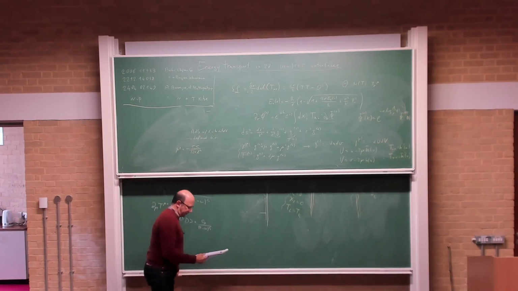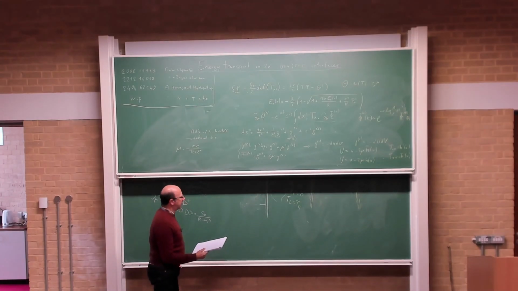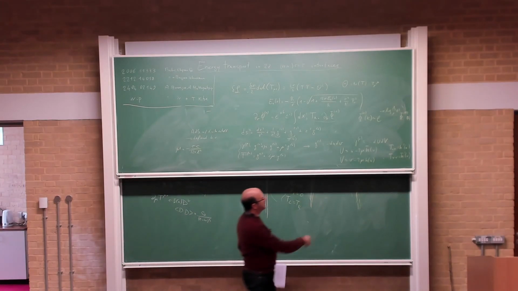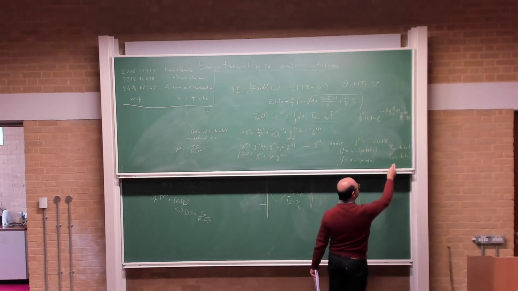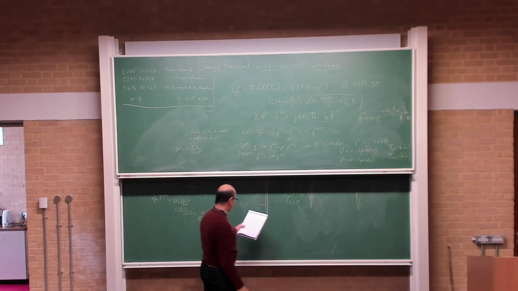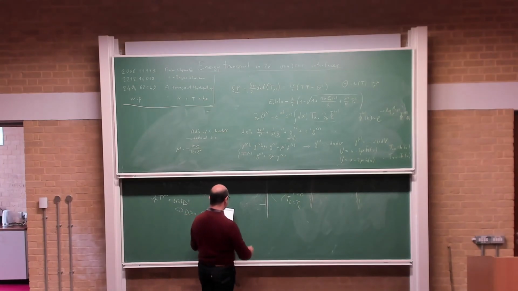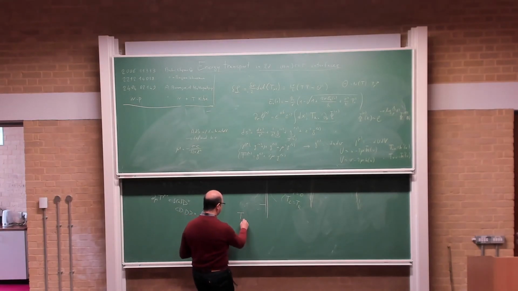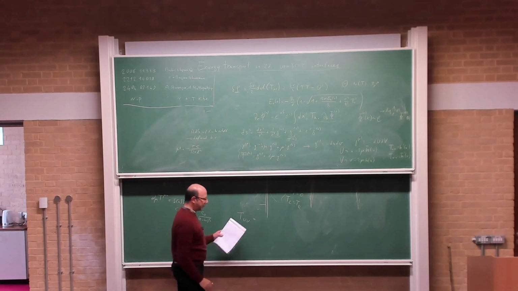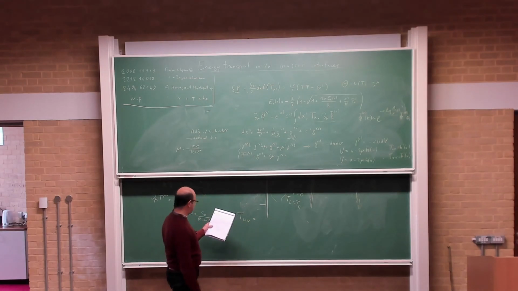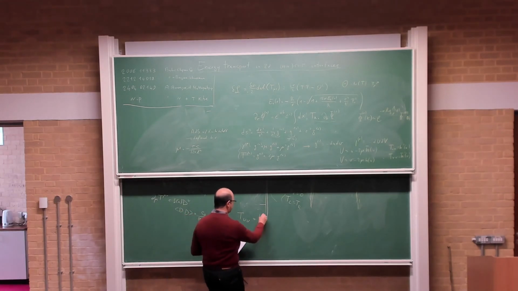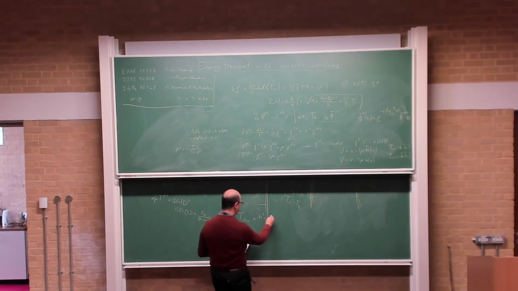And then, as I said, these are the components of T in the original coordinates. I can then find the light cone coordinates of the deformed stress energy tensor. It's given by some expression.